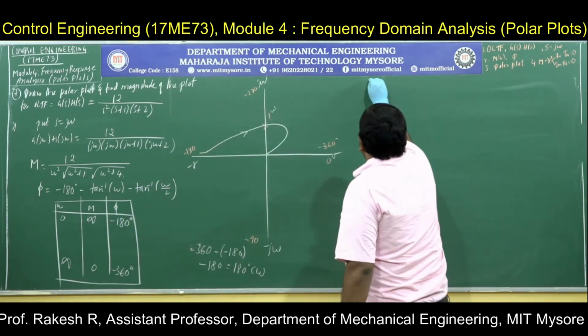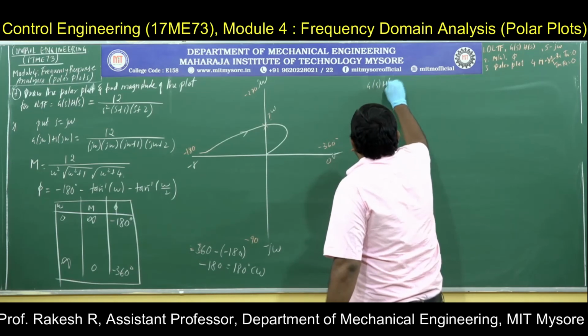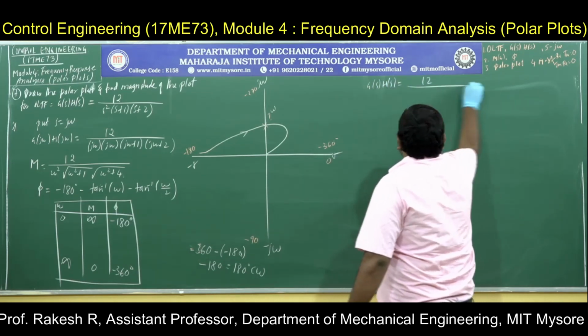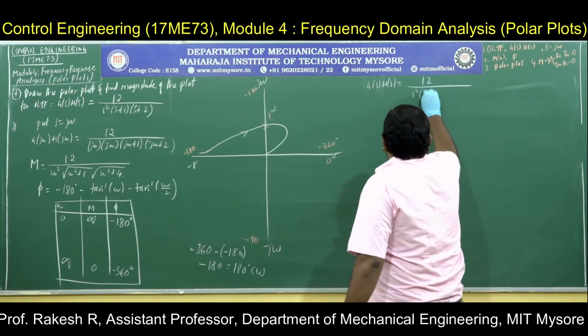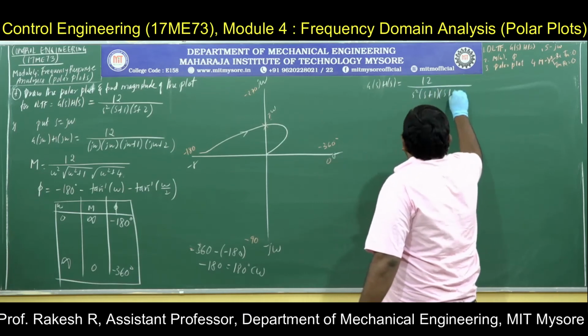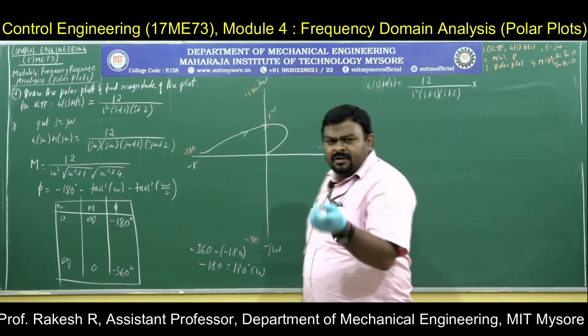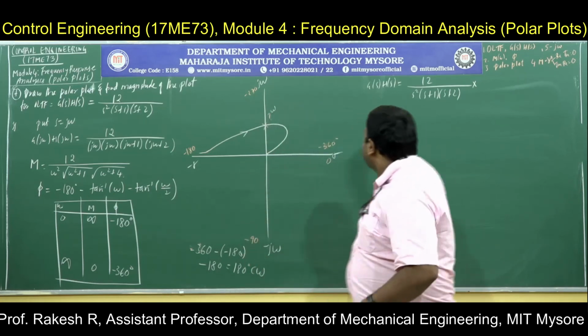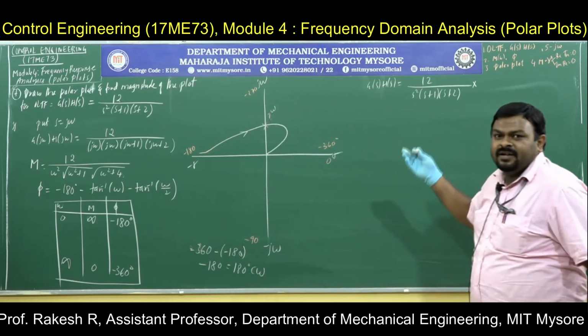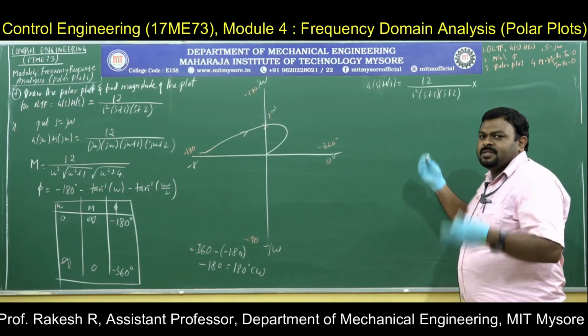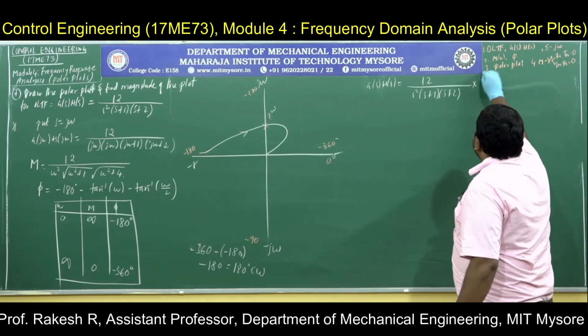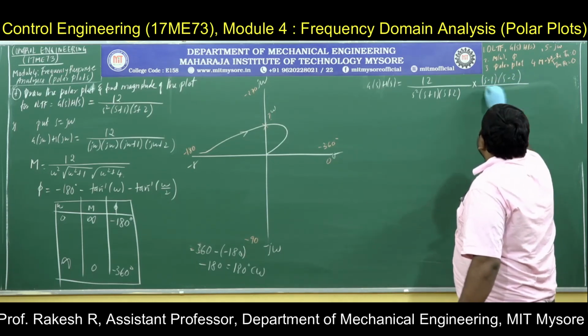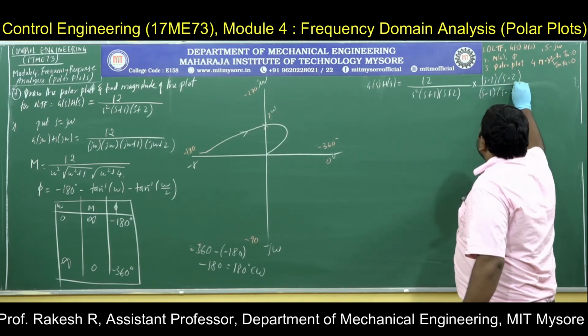Take the open loop transfer function, G(s)H(s) equal to 12 divided by s square into (s+1) into (s+2). What I need to do is get the real part and imaginary part of this complex number. How to get it? Rationalize it. This is the basic PUC procedure. Multiply by (s-1)(s-2) on top and bottom.